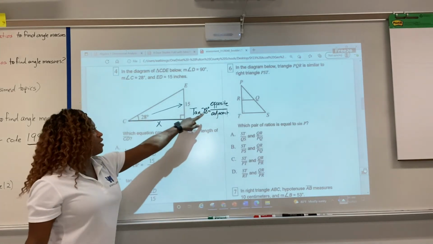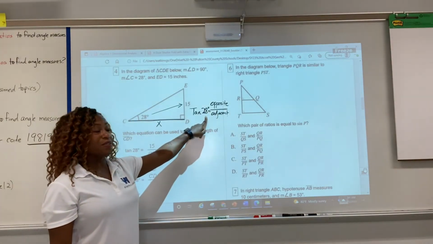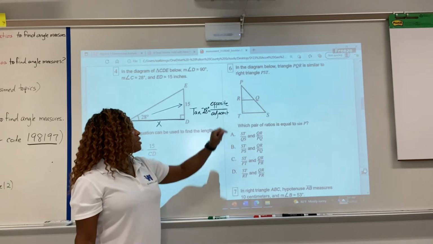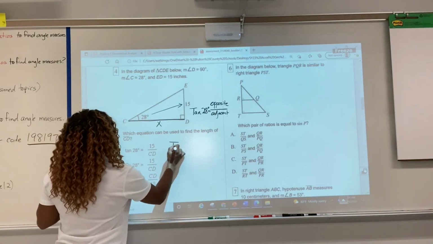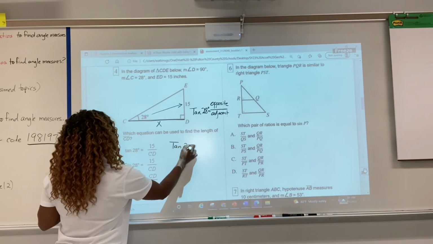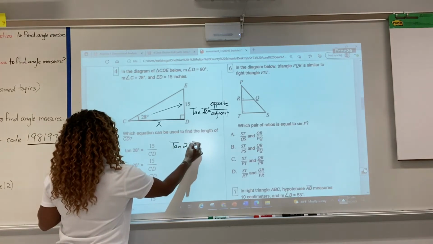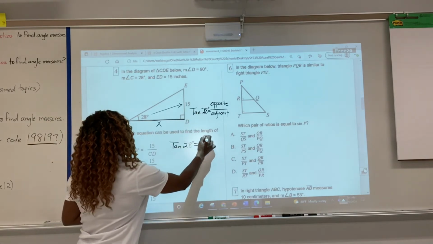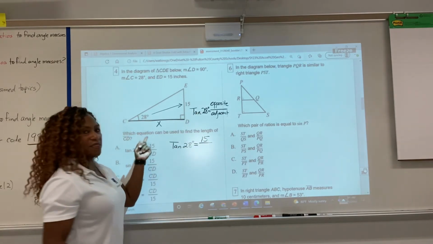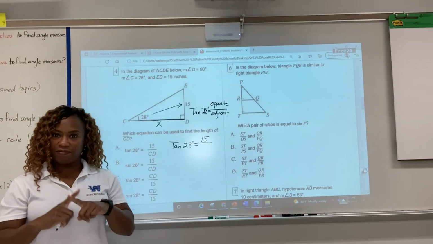So the tangent of angle C, which is 28 degrees, is the opposite side over the adjacent. I'm going to write tangent of 28 degrees is equal to, well, what is that opposite side? It's 15. What is the adjacent side? That's the unknown where we filled in the variable X.